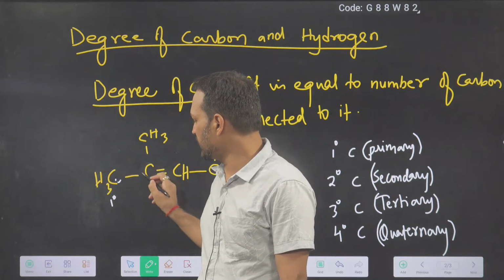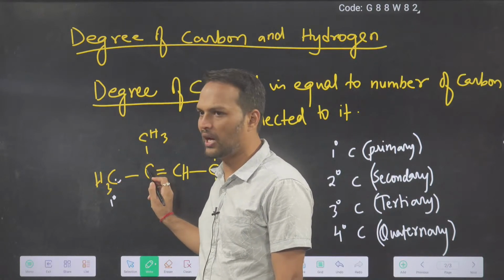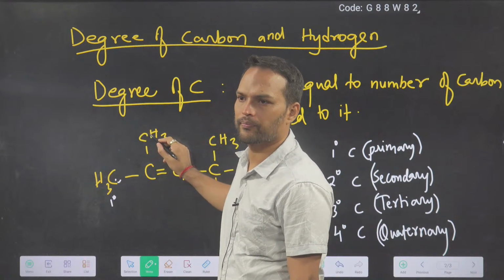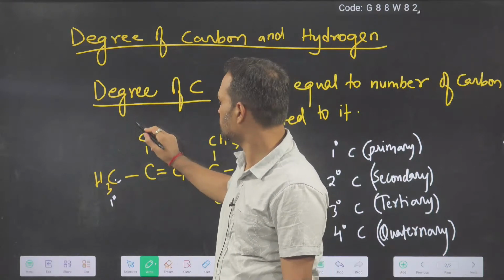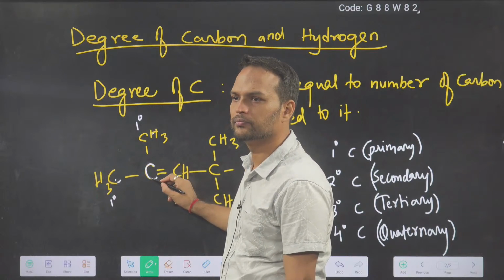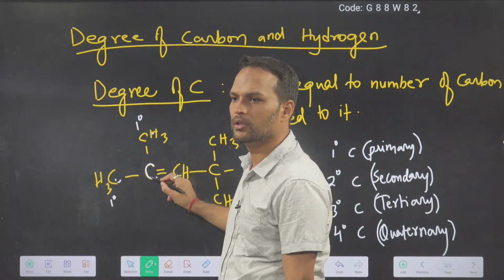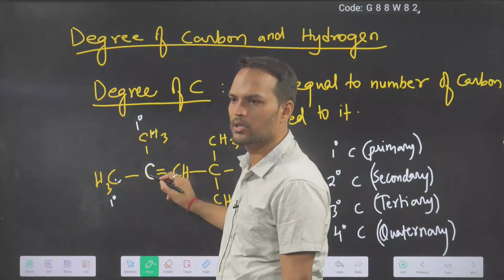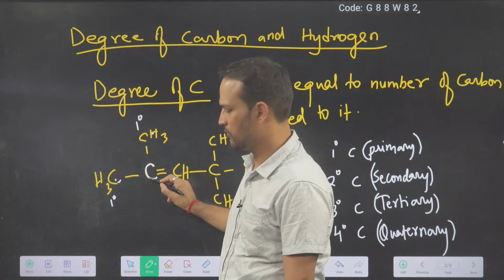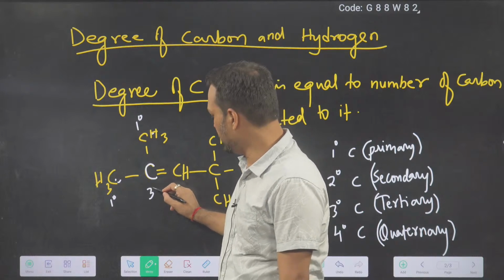This carbon is connected to only one carbon, so 1 degree. This carbon, 1 degree. This carbon, quickly, this one: 3 degree.